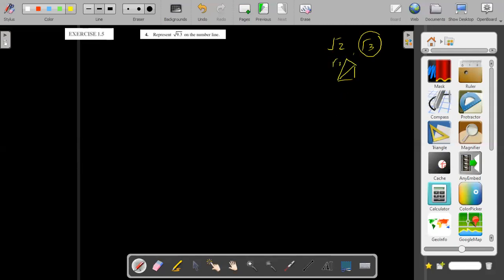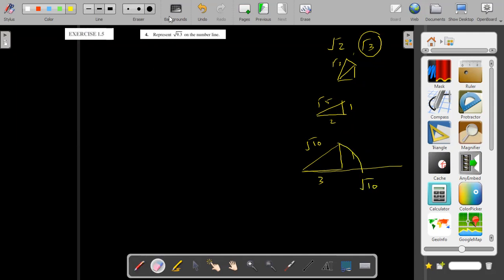If you have root 5, it can be written as 2 square plus 1 square. Similarly, root 10 is 3 square plus 1 square equal to 10, so we can take 3 and 1 to get directly root 10 on the number line, and this point will be root 10.